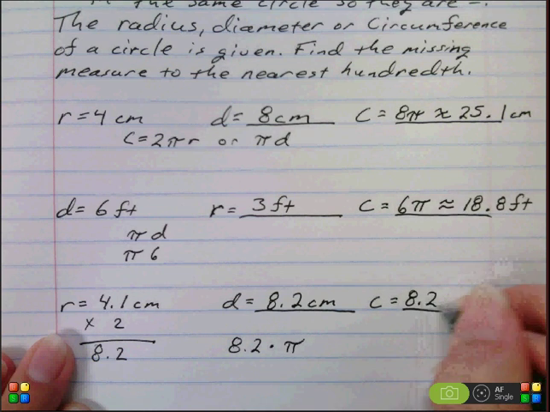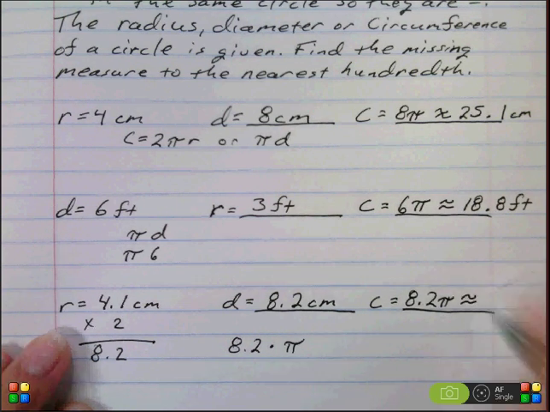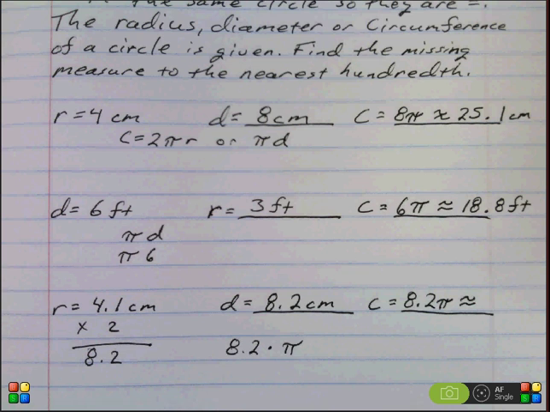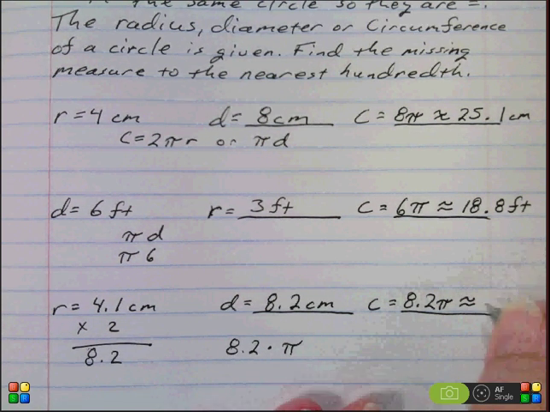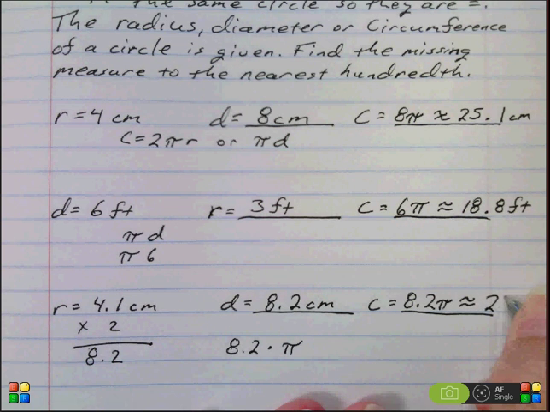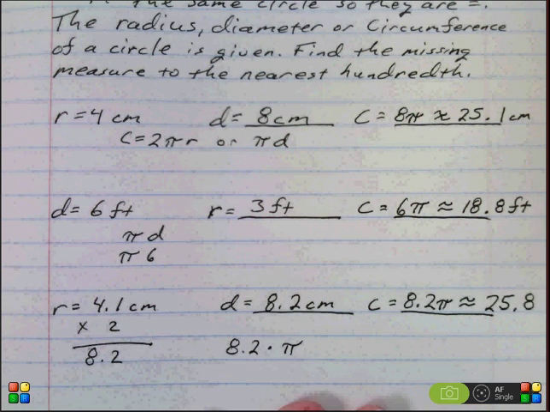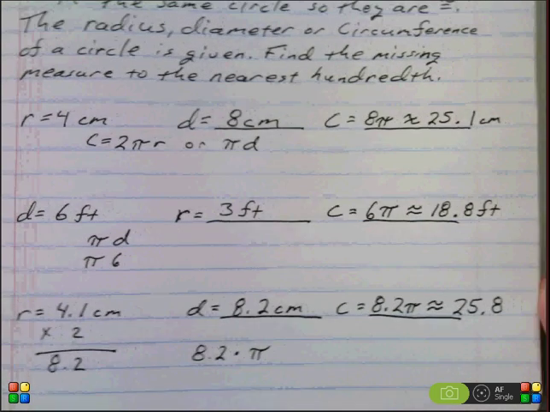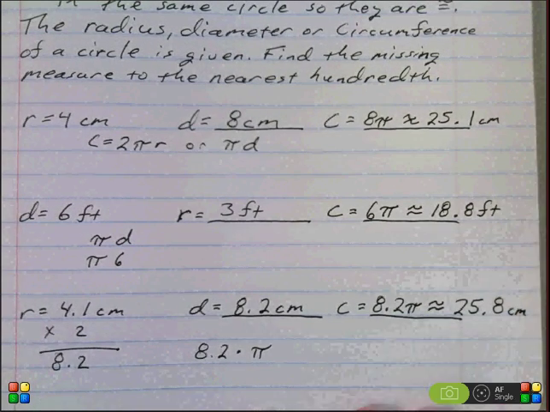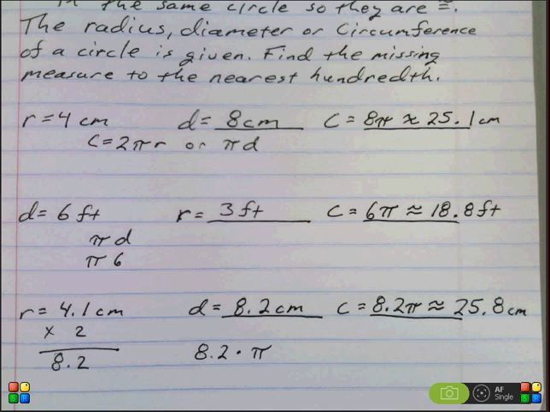So 8.2 pi, which is approximately, if we plug it into our calculator, I'm getting 25.8 if I round there, and that would be centimeters.